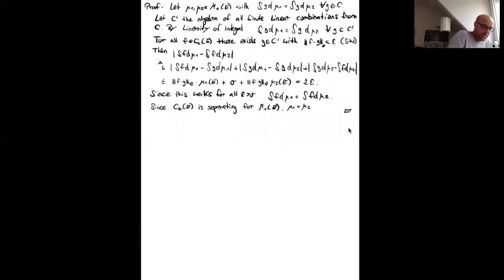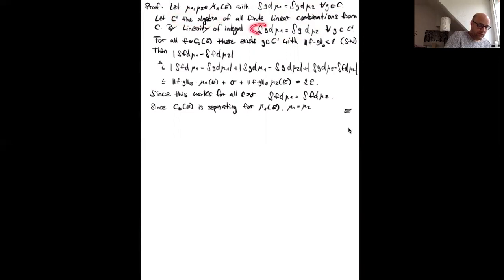So by linearity of the integral, also these are the same. If they are the same, and I take sums of two functions g, of course, also the integrals of the functions g are the same. So if I'm only asking for equality of the integrals for the functions g, I automatically get it in that algebra generated by C by just taking all finite linear combinations.